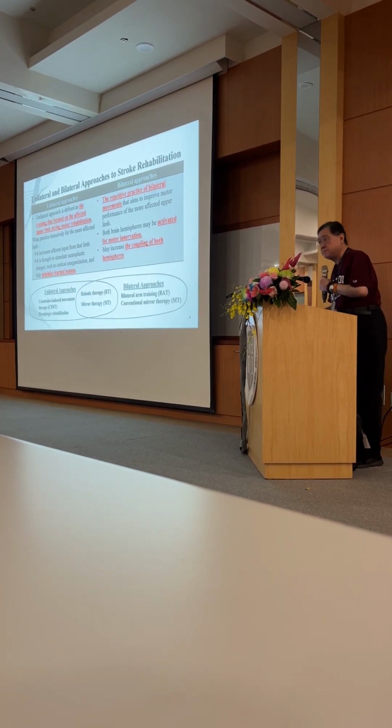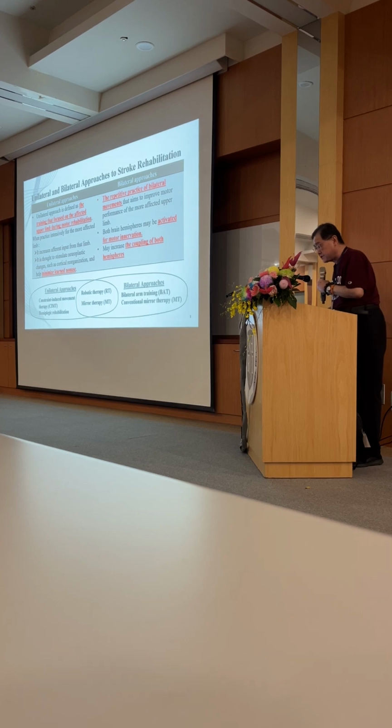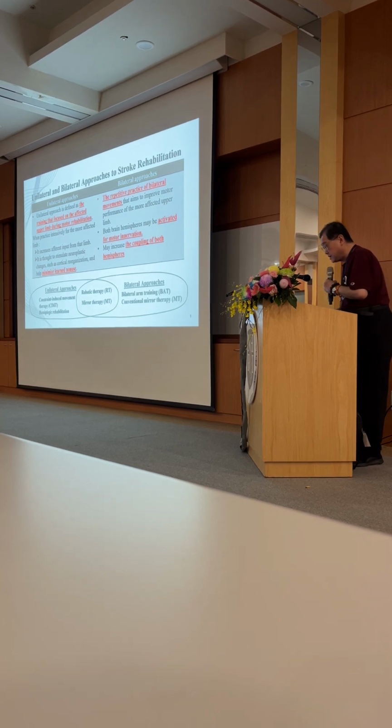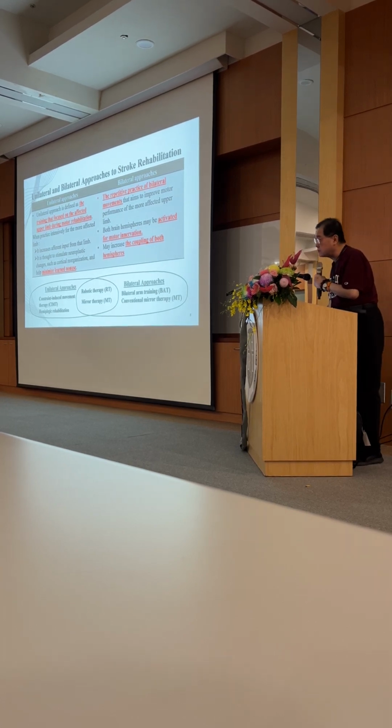Stroke rehabilitation can be divided into two different approaches. The unilateral approach is defined as the training that focuses on the affected upper limb or lower limb during motor rehabilitation. It is meant to minimize learned non-use or disuse of the affected limbs.